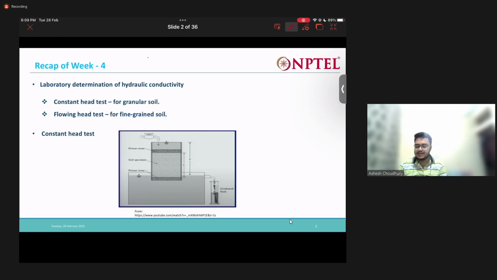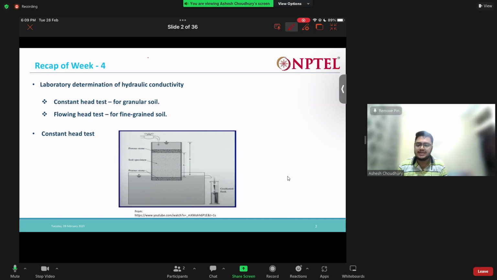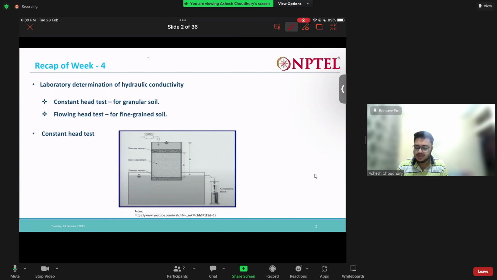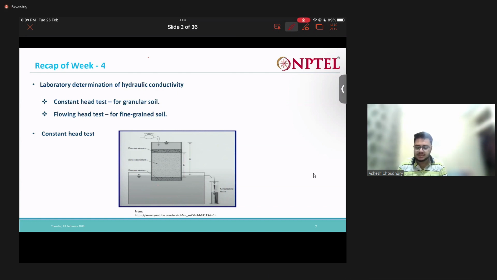So generally, say we have a soil sample. There are two main types of tests using which we can determine the hydraulic conductivity. The first test is the constant head test, and the second test is the falling head test.